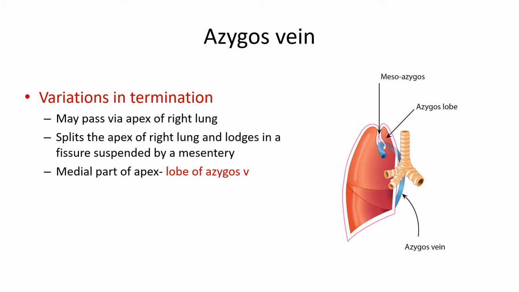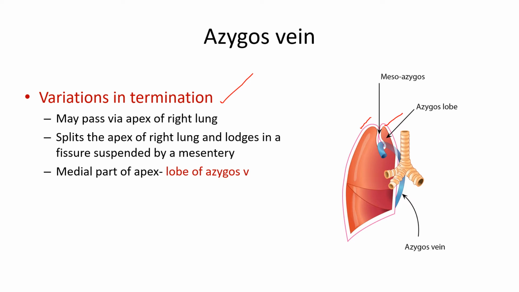Variations in the termination of the Azygos vein are possible. It can pass via the apex of the right lung. That's what is happening here. As it is passing via the apex of the right lung, it is splitting it into two parts, a medial part and a lateral part.